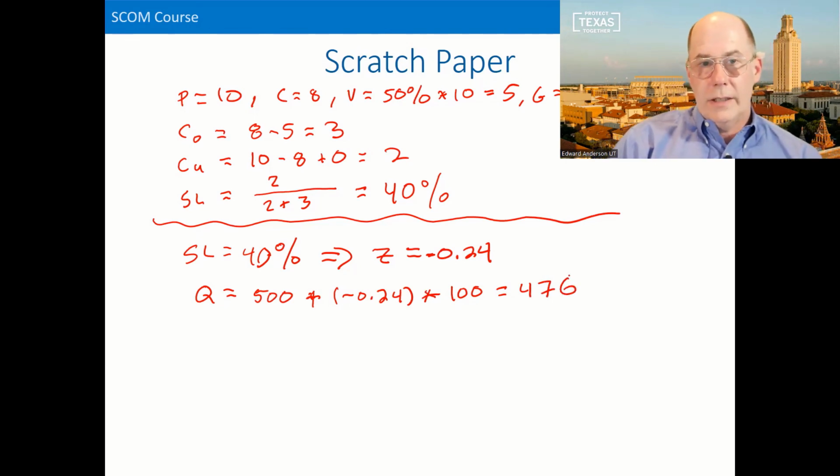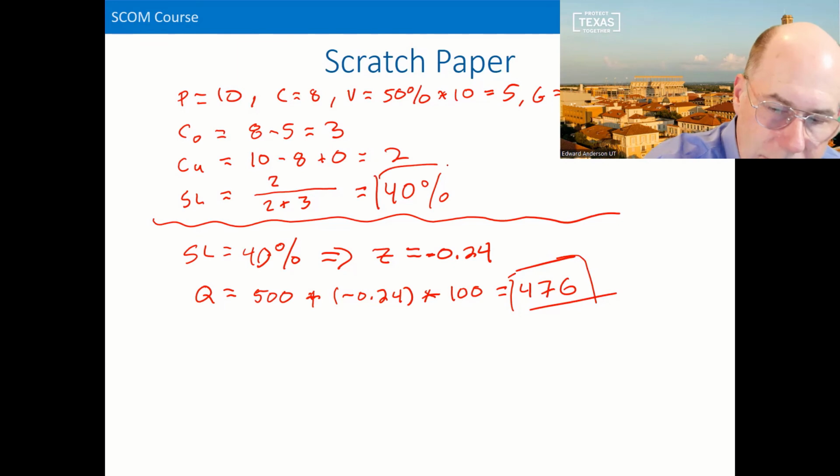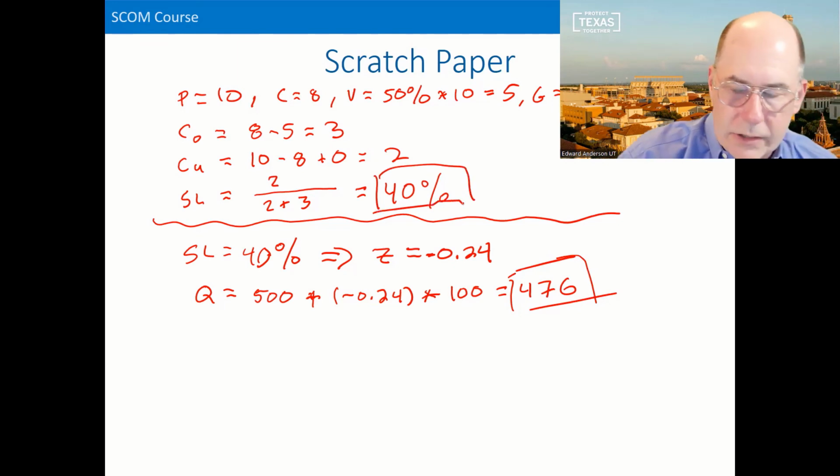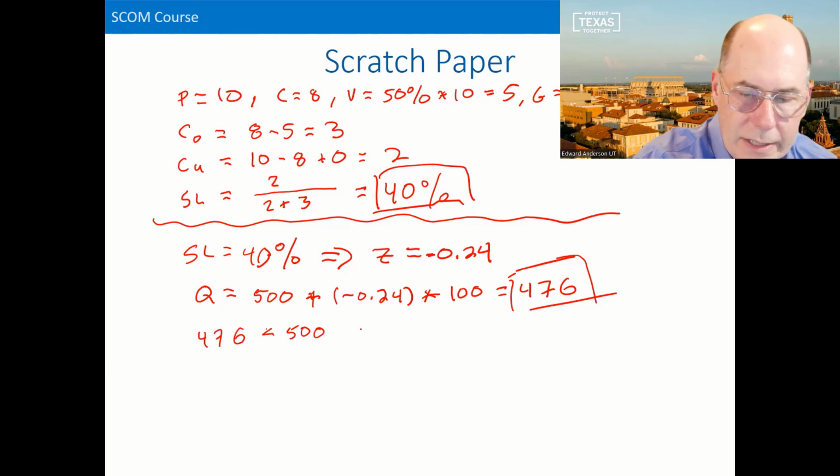Now, you'll note that 476, that's our answer, by the way. Now, let's put the service level here. You'll notice also that 476 is less than 500, right? So that means there is no safety stock.